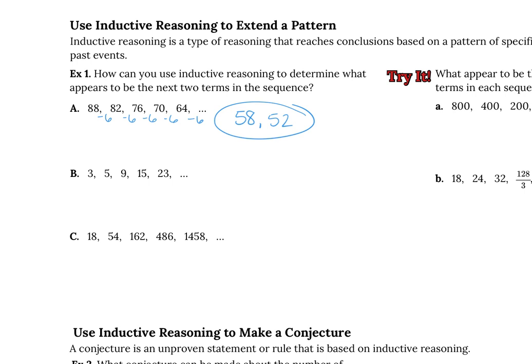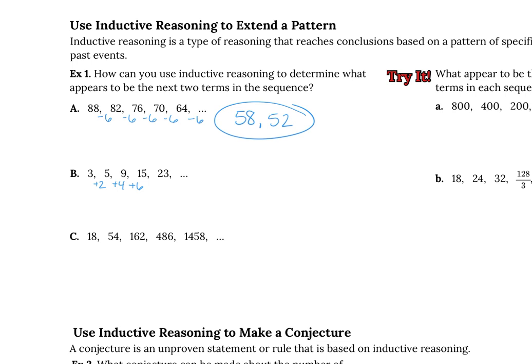All right, the next one's not quite so easy. 3, 5, 9, 15, 23. To get from 3 to 5, I would have to add 2. But adding 2 to 5 would get me 7, not 9. So 5 to 9, I would have to add 4. 9 to 15, I would have to add 6.